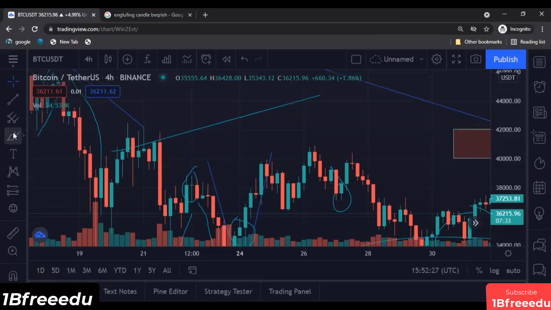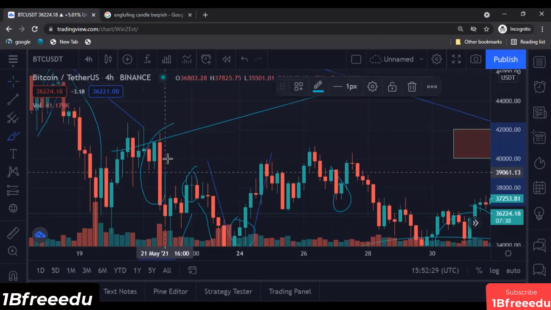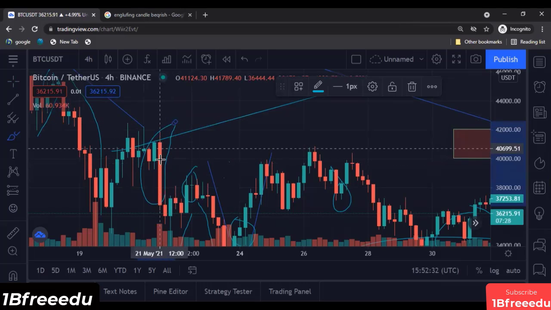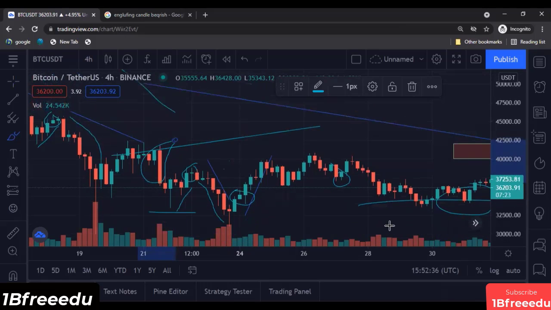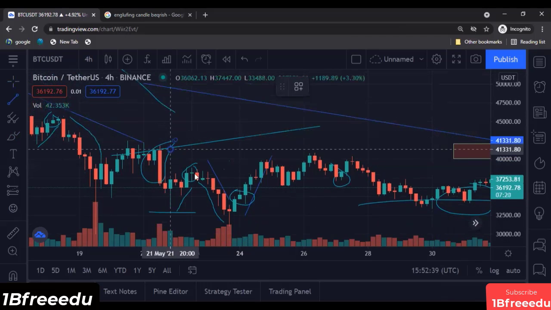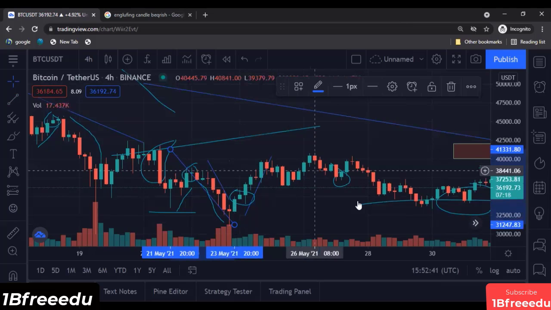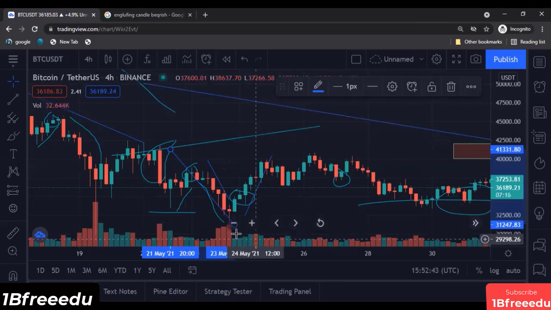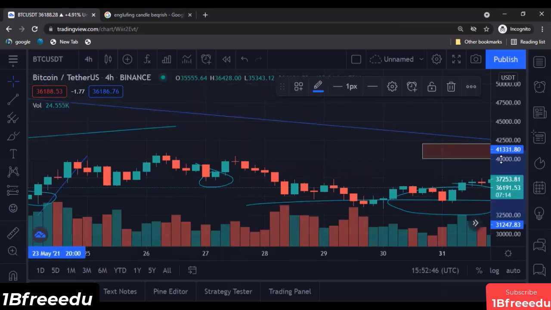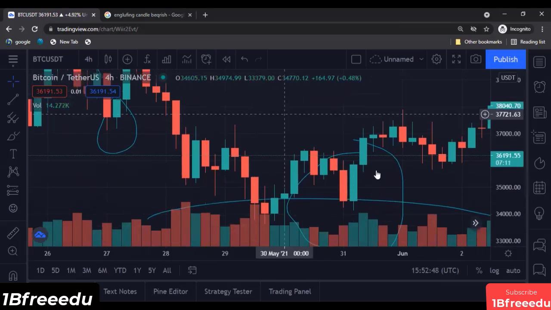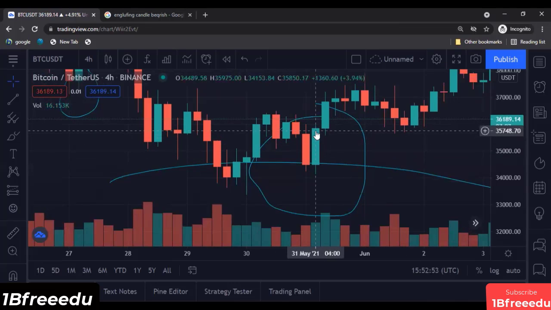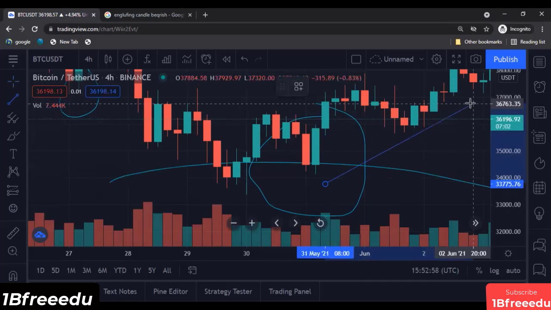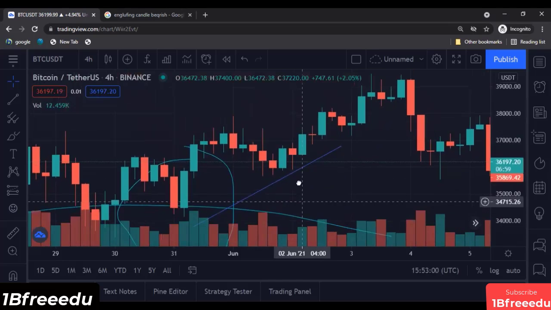If you look here, this bearish candle engulfed this candle, and then as we can see, we later move in a downtrend. And if you want to see another bullish one, you can see it right here. This is the bearish candle and this is the bullish candle, and as soon as this happened, the price moved in an upward trend.